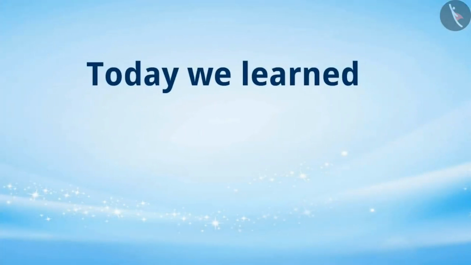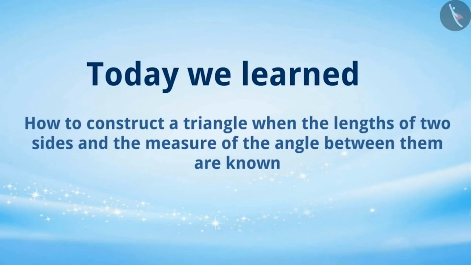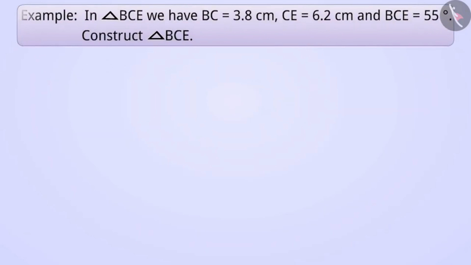Today we learned how to construct a triangle when the lengths of two sides and the measure of the angle between them are known. In the next video, we will see this problem: in triangle BCE, we have BC is equal to 3.8 cm, CE is equal to 6.2 cm and angle BCE is equal to 55 degrees.